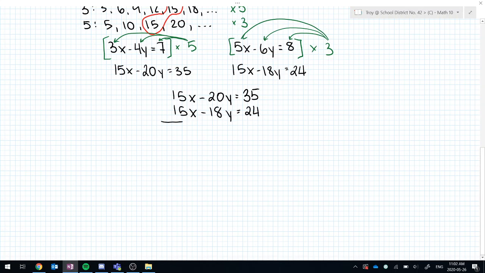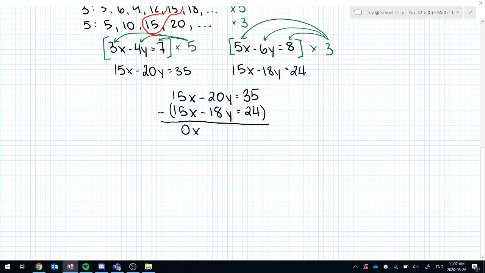And the question is, are we going to have to subtract these two equations to have the x's cancel out, or are we going to have to add them? Well, if we added them, the first thing we would do would be 15x plus 15x, which would of course give us 30x. So the x's would not cancel in that case. So we're going to have to subtract, because when we do 15x minus 15x, of course, that is 0x, and it cancels out.